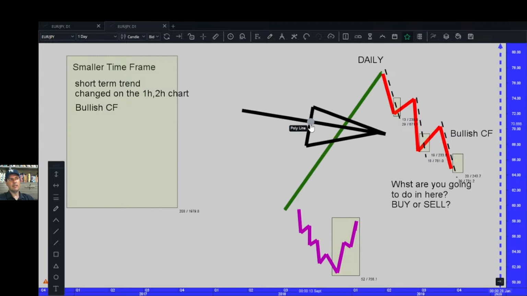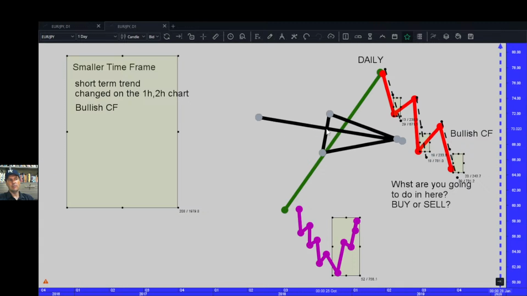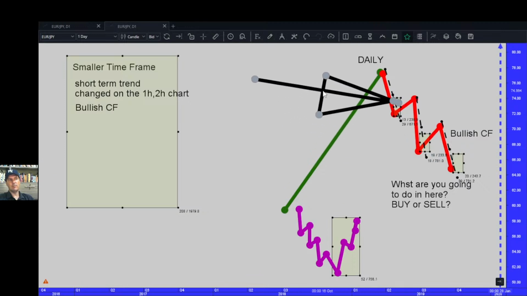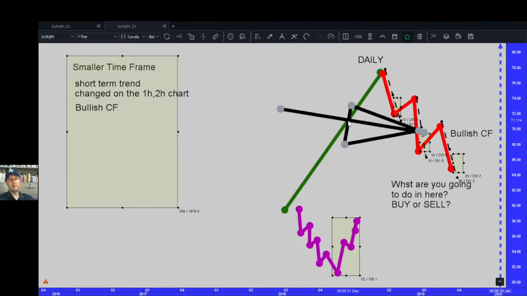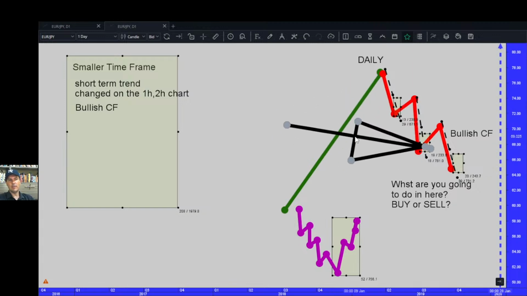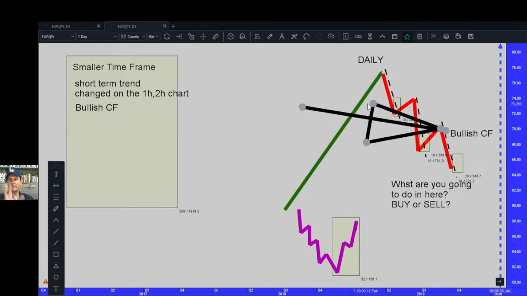Oh, but it's an up market structure. Sure. But you had a bullish candlestick formation and a counter trendline break here, and the market pushed down, and you had another bullish candlestick formation and a counter trendline break, and the market pushed down again, and you have the third time.